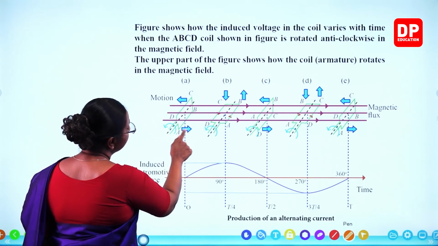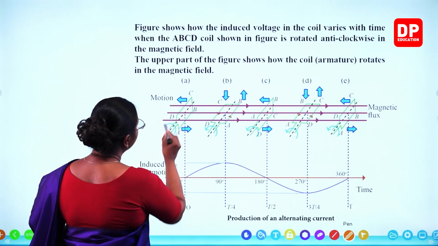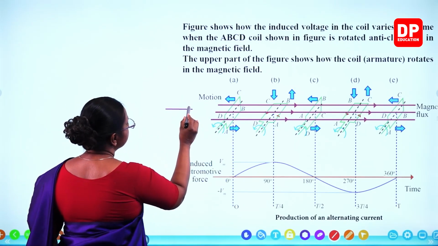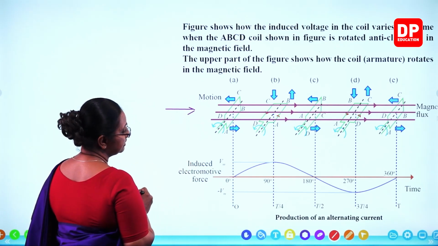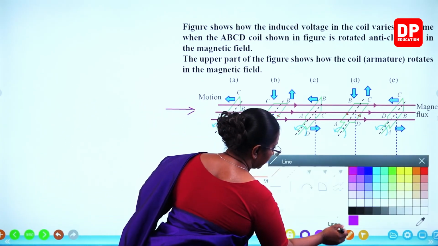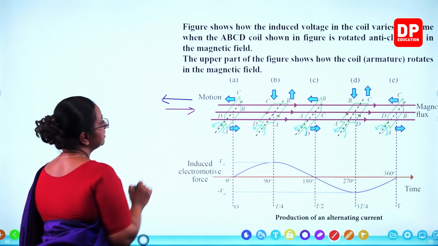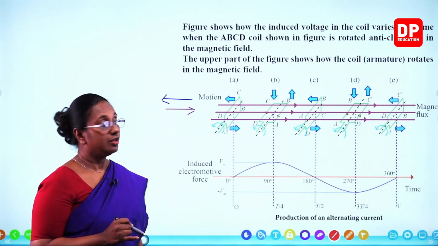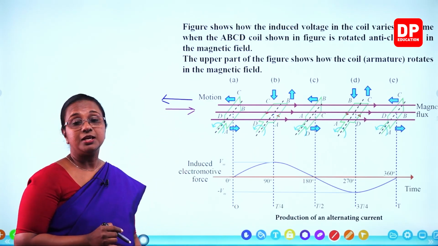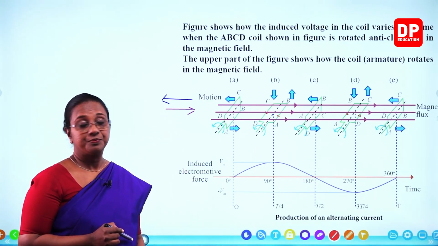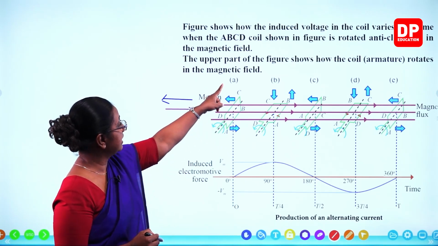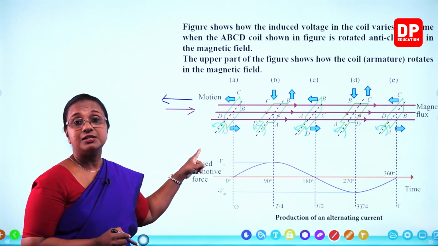how are these lines? Now you can see the magnetic field line is in that direction, while the motion is in this direction. So are they perpendicular or parallel? In this instance, they are parallel to each other.